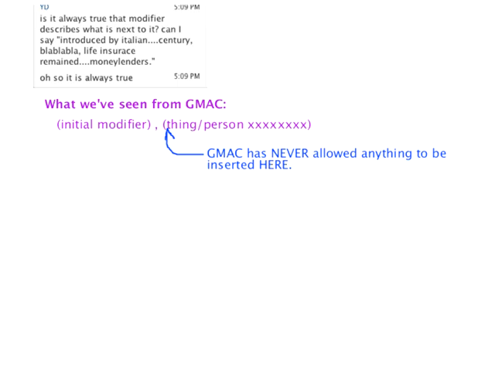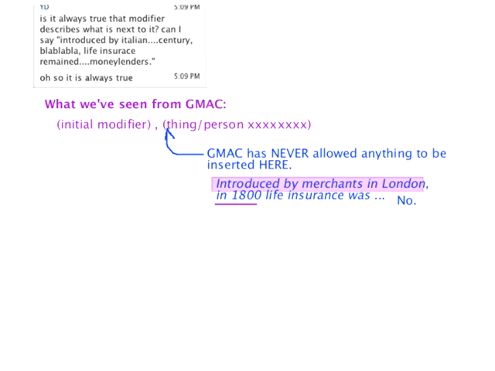So for instance, if you had something like "introduced by merchants in London," comma, "in 1800 life insurance was..." This is enough, as far as we have seen from them, to eliminate, because this is the initial modifier, "introduced by merchants in London," comma, and then the "in 1800" is stuck in the part after the comma.